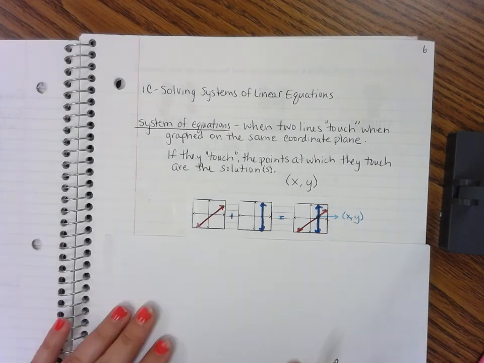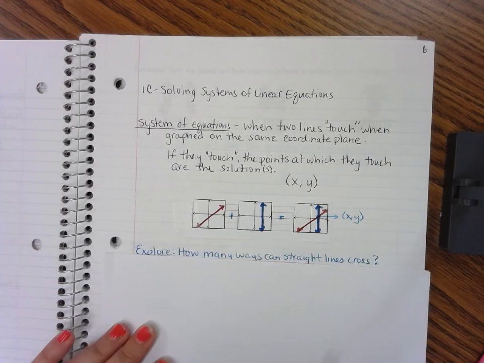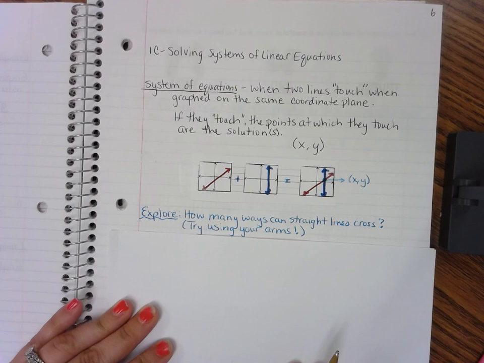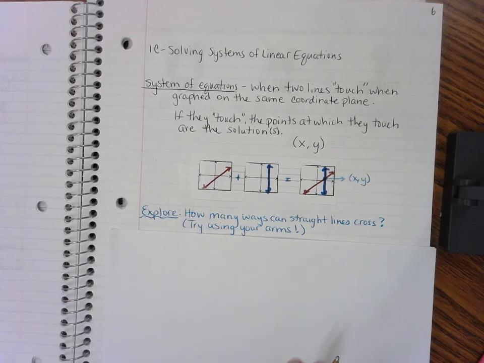So now we're going to do a little exploration. I want you to think about how many ways you can get straight lines to cross using your arms. Pause the video at this time and use your arms and see how many times they cross.